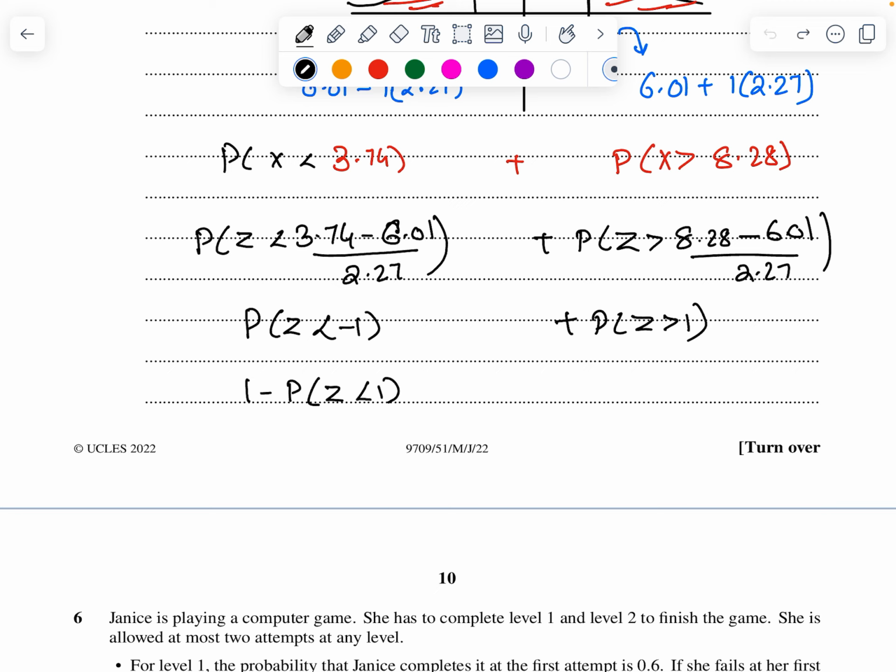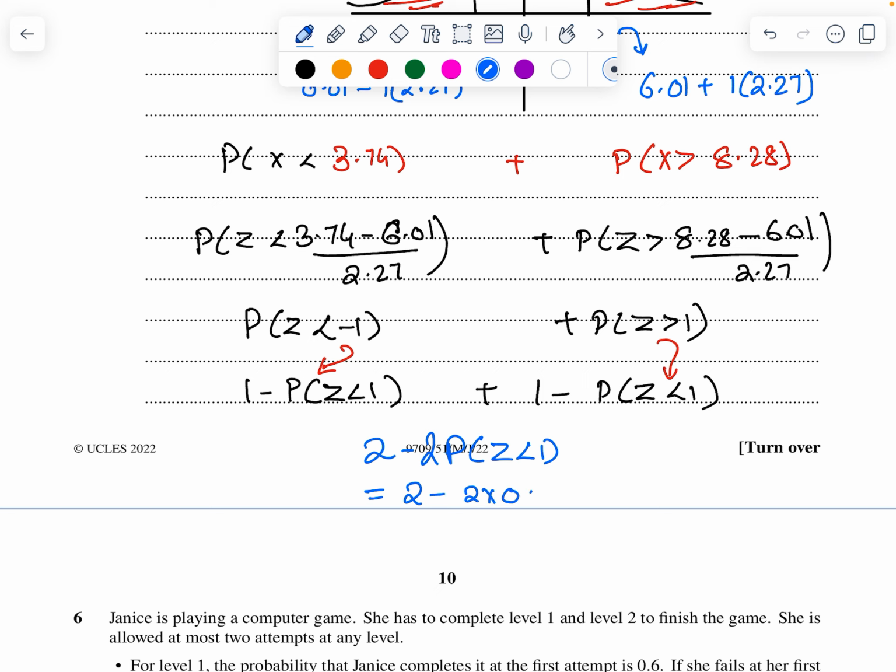So this is negative. So 1 minus probability of z less than 1 plus 1 minus probability of z less than 1. Converting negative to positive, converting greater than to lesser than. So this is going to be 2 minus probability of z less than 1. So which is 2 minus 2 times 0.8413, which is going to be 0.3174.